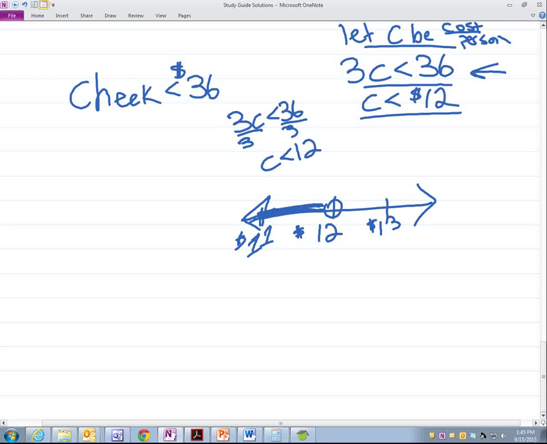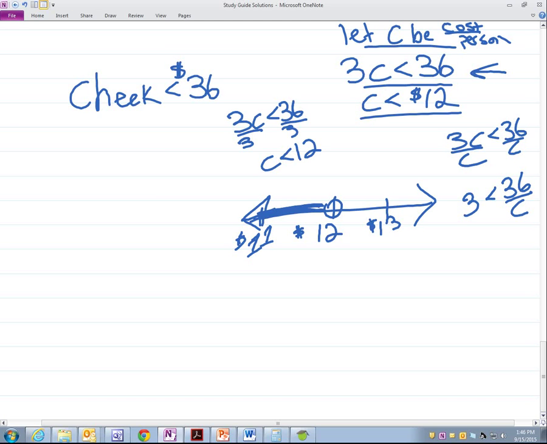Yeah. That works because it's going to be the same thing, if I just move these around a little bit, 3C is less than 36. Yep, so that's also correct. Any questions? No? All right.